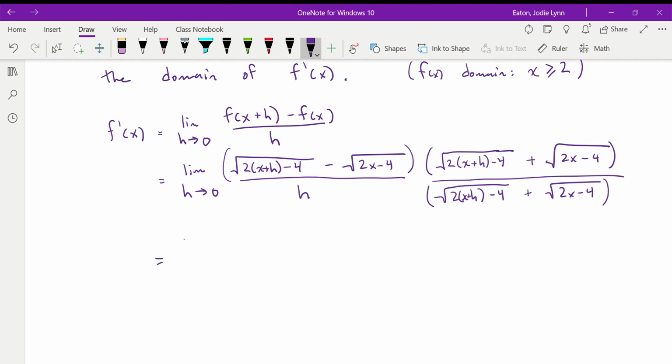So this is equal to the limit as h approaches 0. Now we have to sort out our numerator. Denominator, don't factor. Ultimately what we're trying to get rid of is that h by itself, so we are just going to leave it factored out.